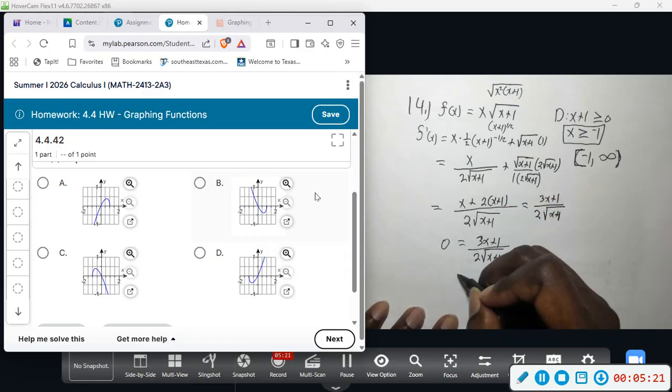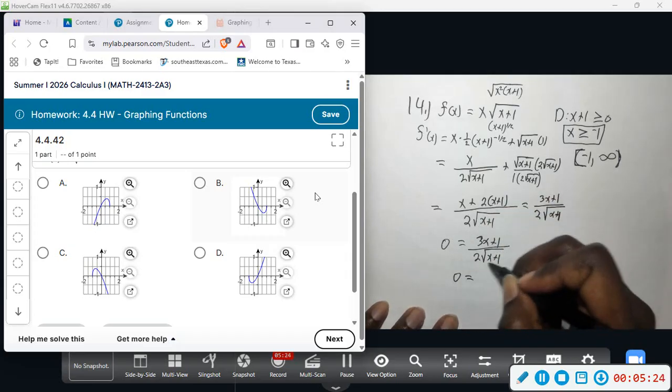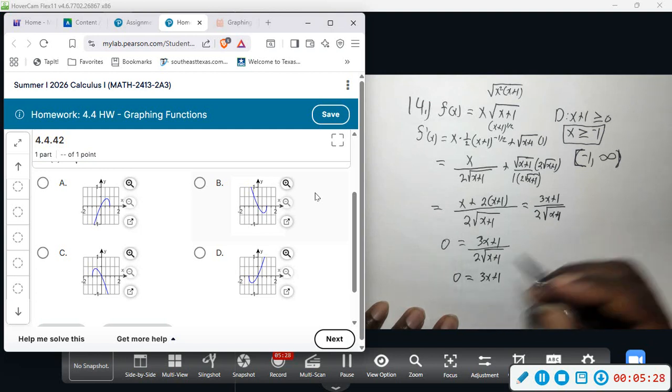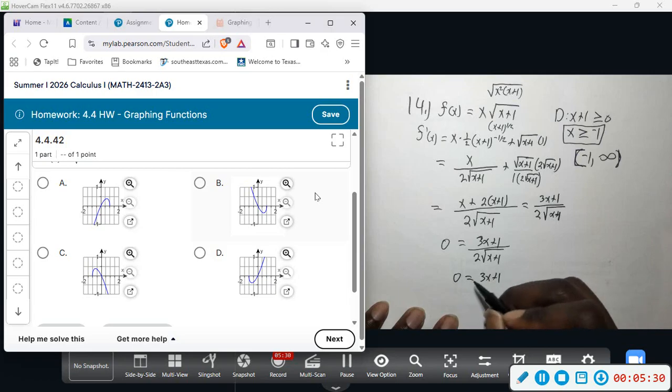Multiply by the denominator, that will give us 0 equals 3x plus 1. And then solve for x, subtract 1, divide by 3, so we get x equals -1 over 3. So -1 over 3 would be our critical point.